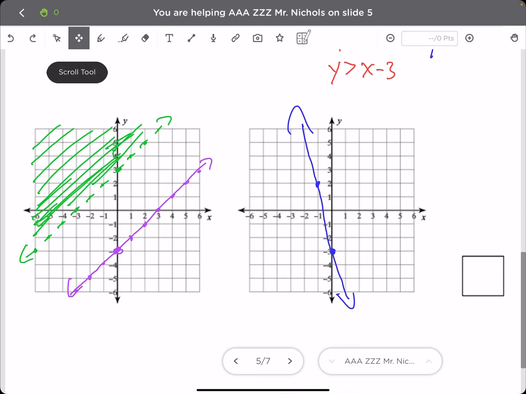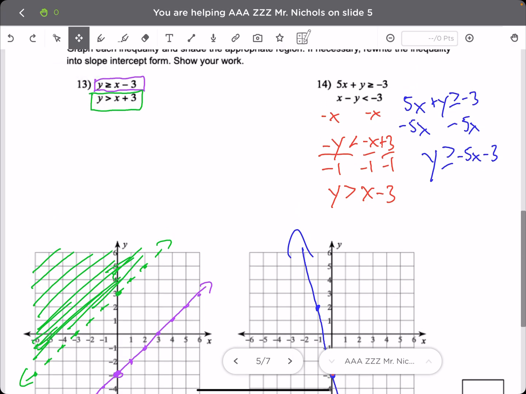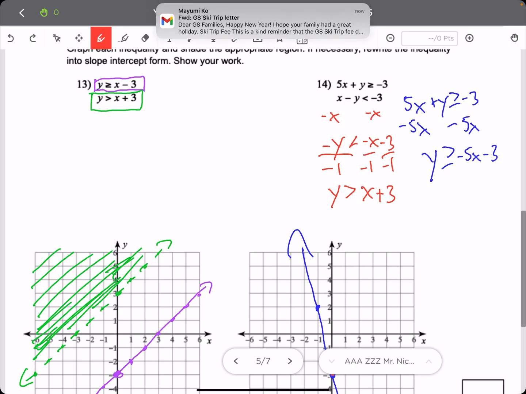All right. And so I would once again have the minus, wait, I did something wrong. This should be negative 3. Negative 3, and this should be plus 3. So, excuse me.